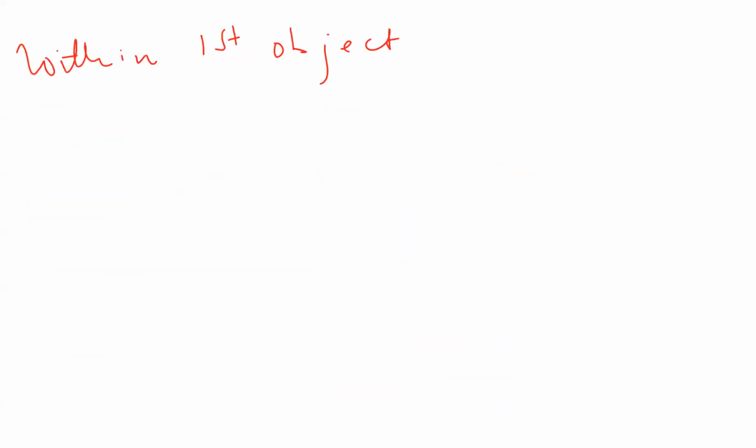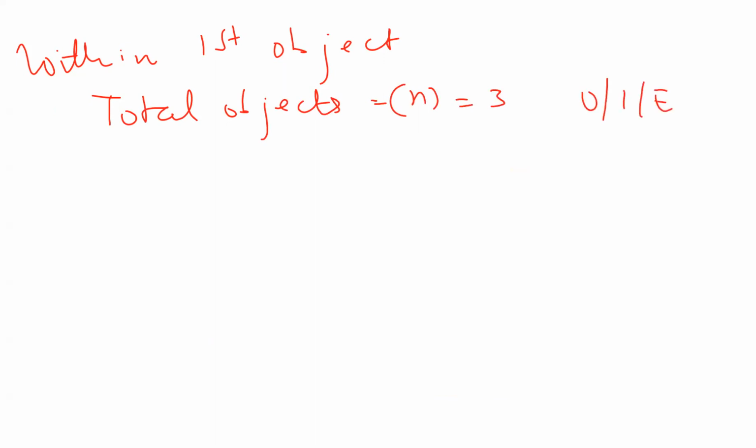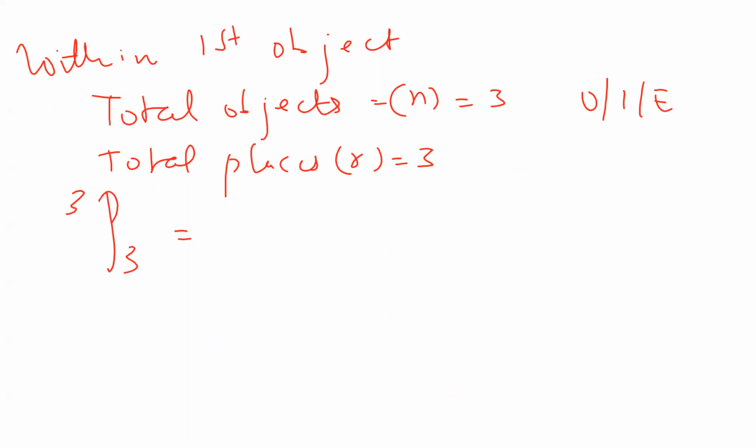So within the first object, there are 3 objects in total, that is O, I, E. For 3 objects, how many places are required? 3. So within the first object, the arrangements are nPr, 3P3, which is 3 factorial.